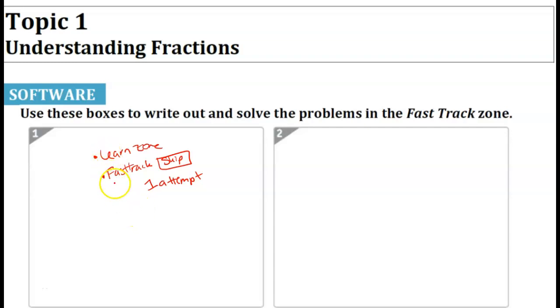So if you need help, please ask your teacher to help you out. Please make sure you're using all the materials. Make sure you're writing any problems. You'll be solving a bunch of problems in each of the topics, but for this particular topic, make sure you're writing a couple problems on the Fast Track zone as a paper copy of the questions you'll be asked.